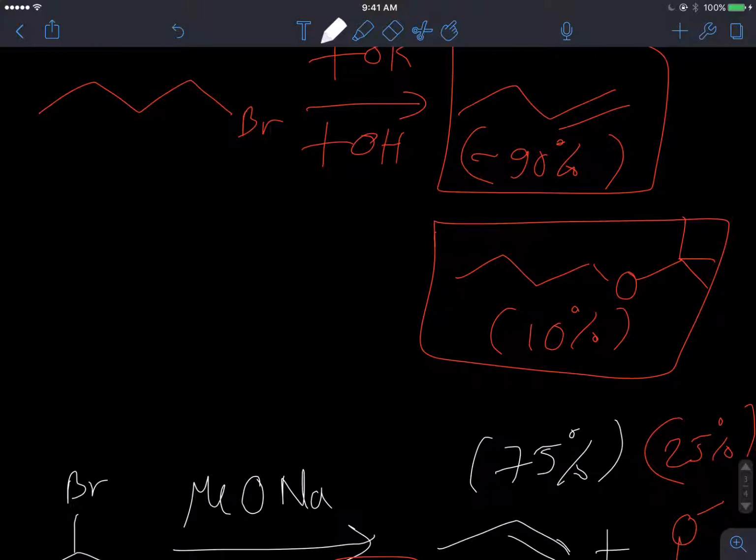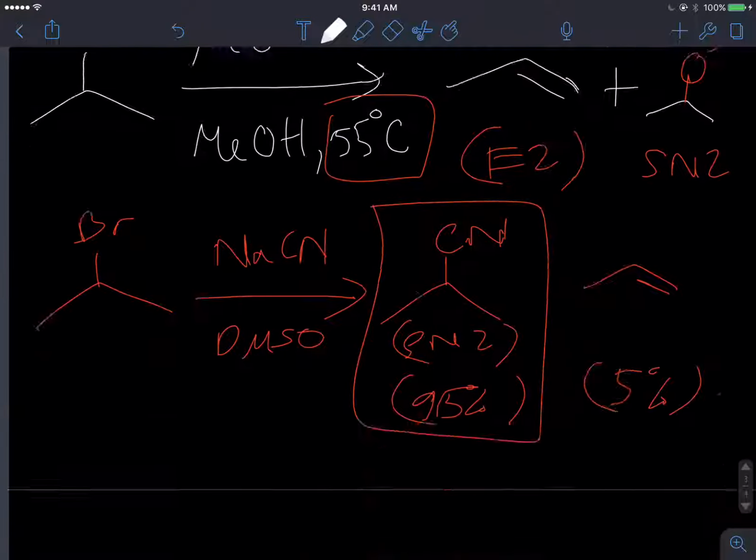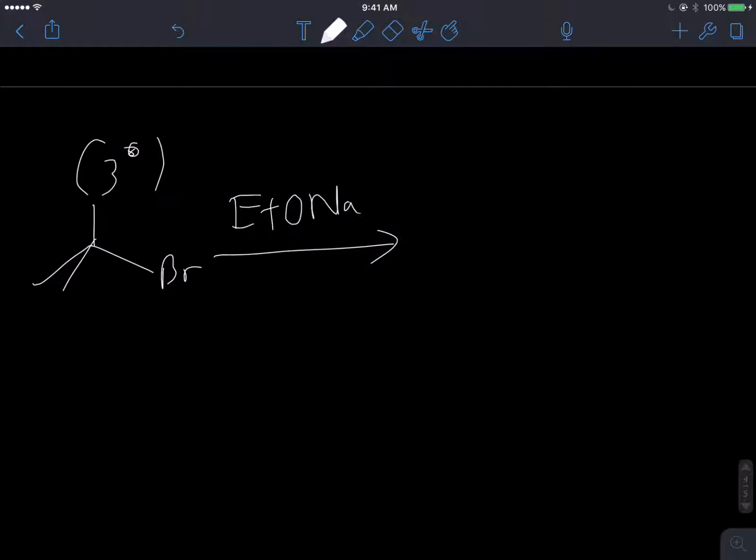For example, I'm going to do this. Oh, this is too much. Okay. Use tertiary. This is a tertiary bromide, and I'm going to use this base, EtONa in EtOH.